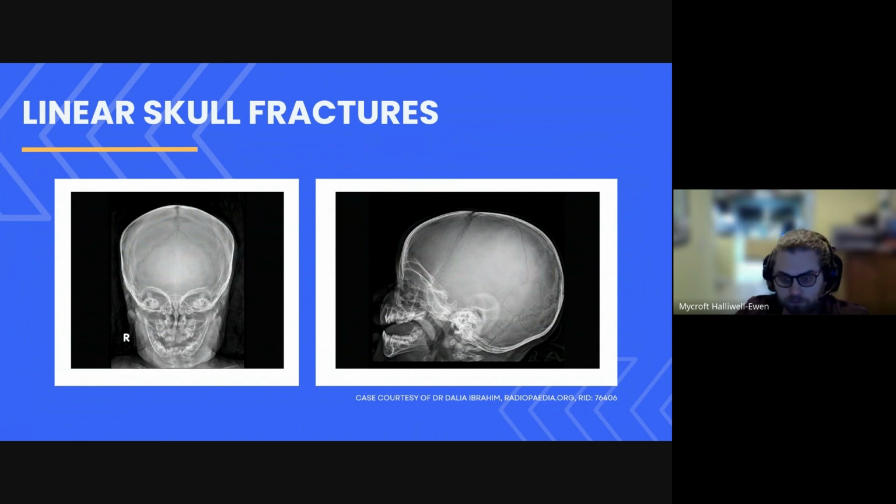I mean, it gives the game away at the top, but we have some skull fractures. Now, some of these are quite difficult to see. This linear skull fracture here is relatively straightforward. You can see it's quite a complex skull fracture. It comes through here, here, and here. The skull often breaks in multiple places.